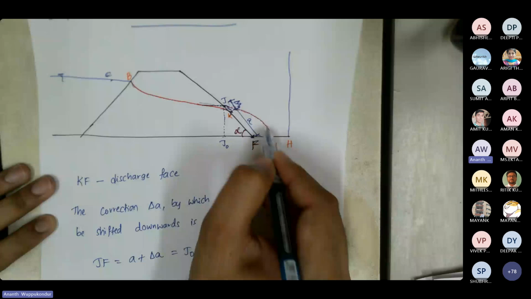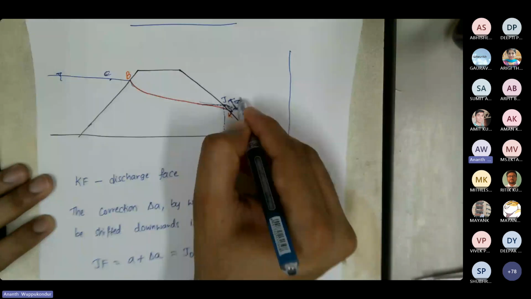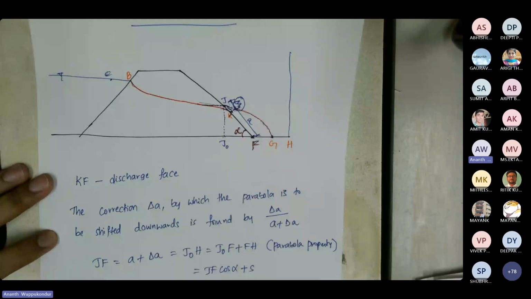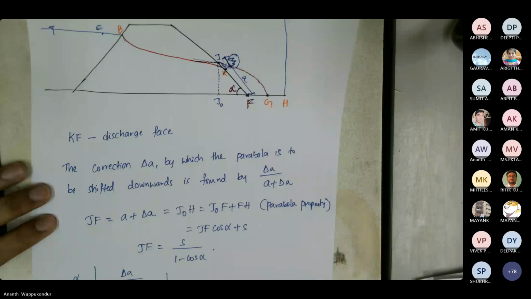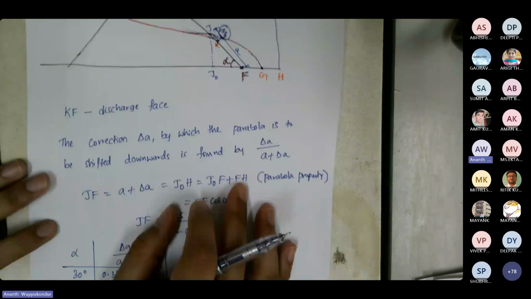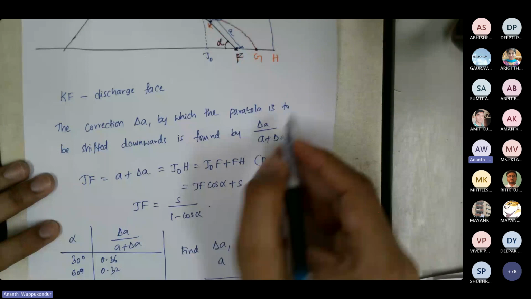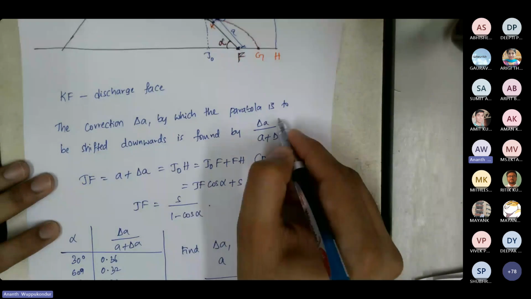Then we need to find out the offset delta A, because we do not know the practical seepage line exit point. If we find this ratio delta A divided by A plus delta A, then we can find JK.